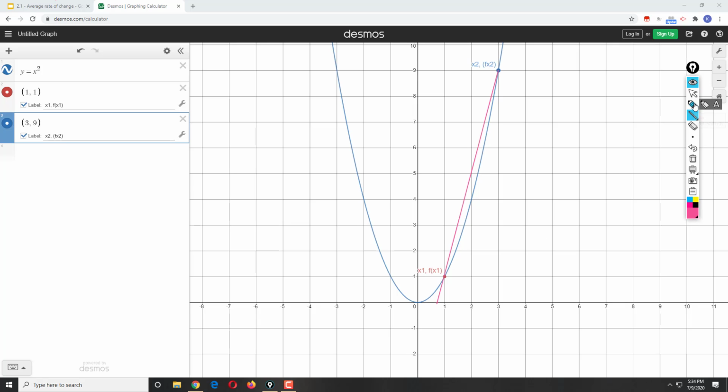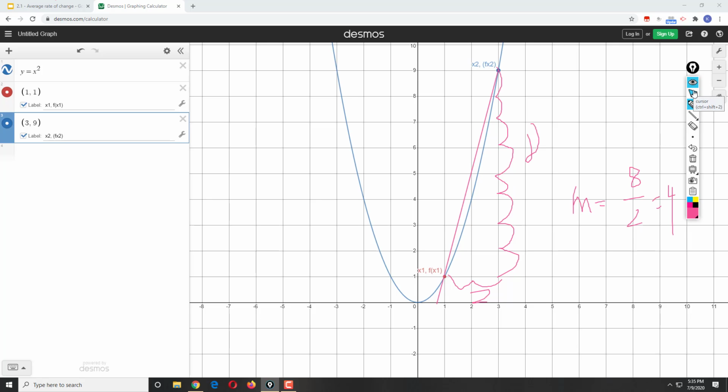What is the slope of this line? Well, that's what we reviewed earlier. We go to the right by 2. That's the run. We go up by 1, 2, 3, 4, 5, 6, 7, 8. So the slope of this line is 8 over 2, which is 4.